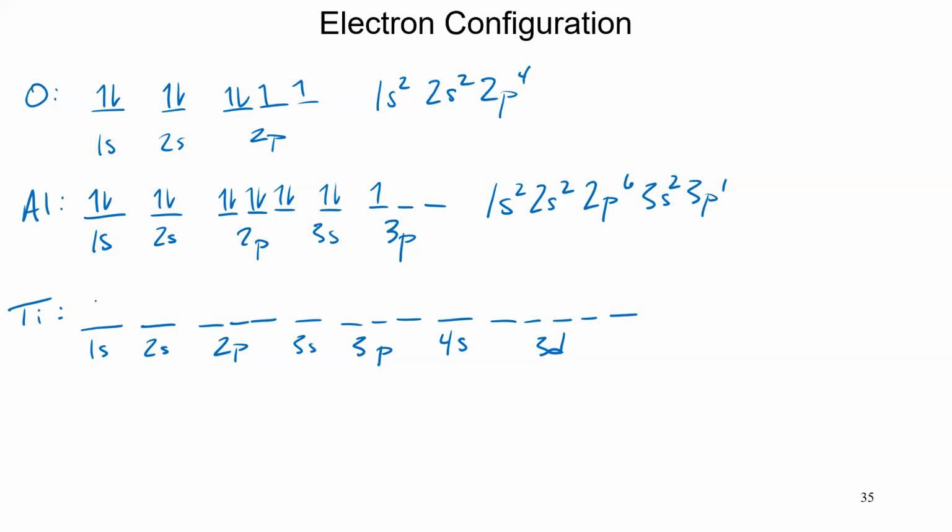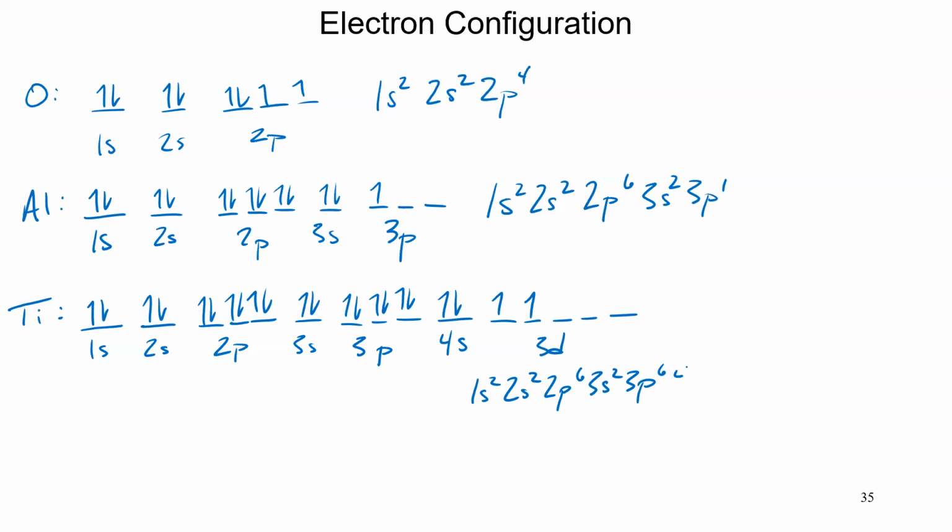And so titanium, 22 electrons: 1 up, 1 down, and 1s, 2s, 2p, we're going to follow Hund's rule, 3s, 3p, we're going to follow Hund's rule, 4s, and then 3d. There's our 22 electrons for titanium: 1s2, 2s2, 2p6, 3s2, 3p6, 4s2, 3d2.